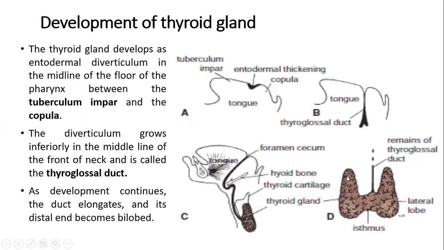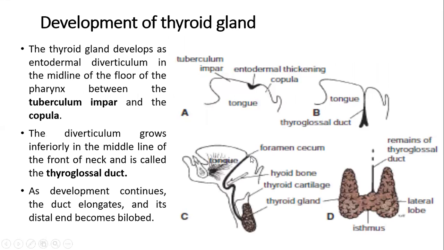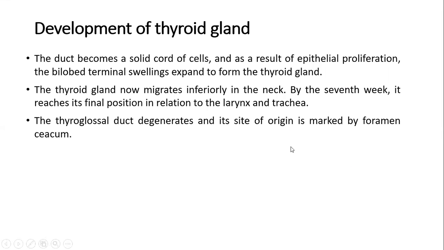These two terminal swellings expand to form the two lobes of the thyroid gland. The thyroid gland now migrates inferiorly in the neck. By the seventh week, it reaches its final position in relation to the larynx and trachea. So it starts descending downwards, and by the seventh week itself, it has already reached the neck.